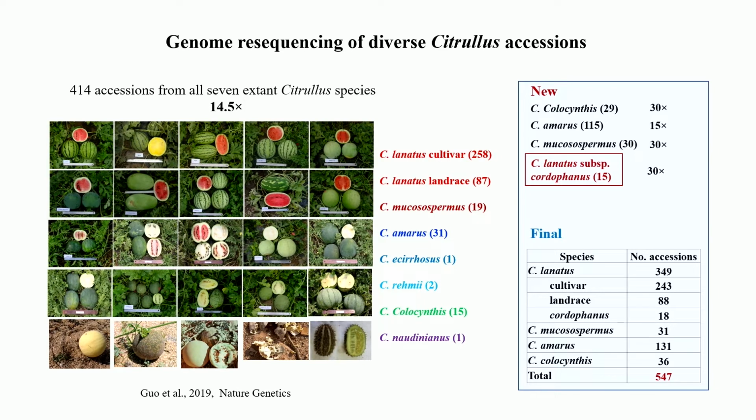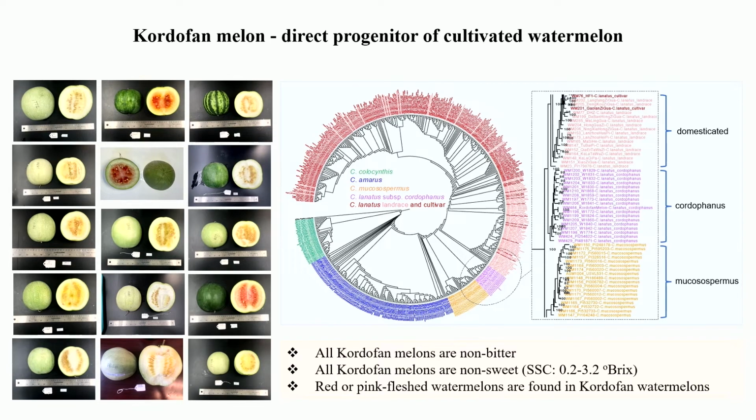But before we go to pangenome construction, as I just mentioned, we want to revisit watermelon domestication using the Kordofan melon as the direct progenitor. As I mentioned, we provide evidence that this is exactly the direct progenitor. Previously, we used Mycosopomos as a direct progenitor, but you may lose a lot of information using that.